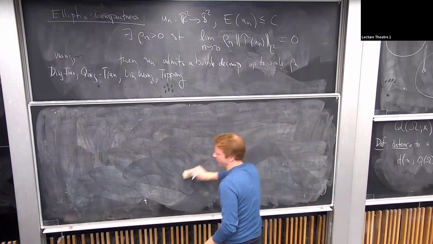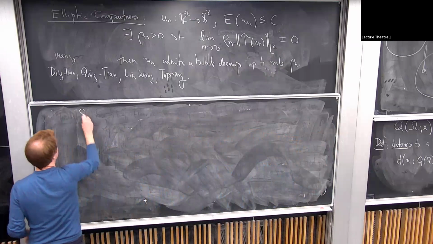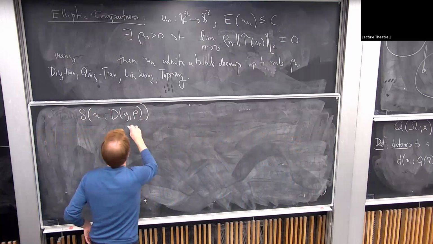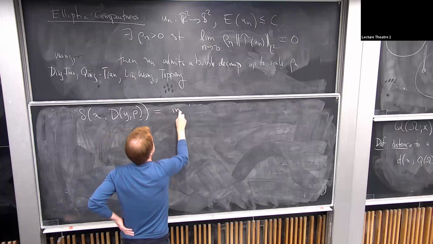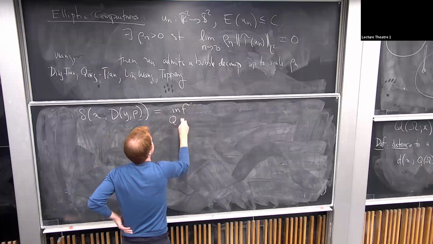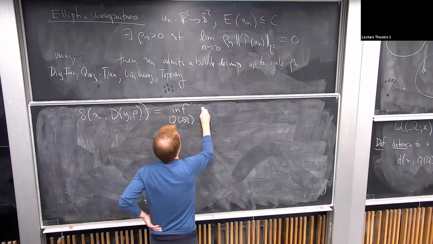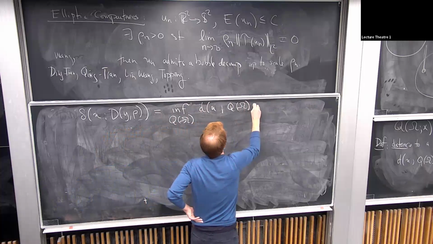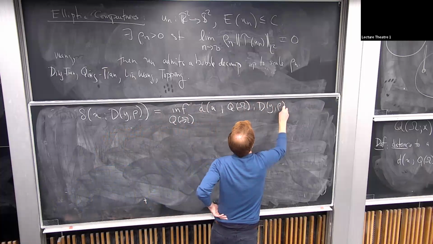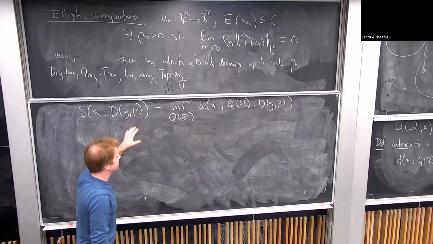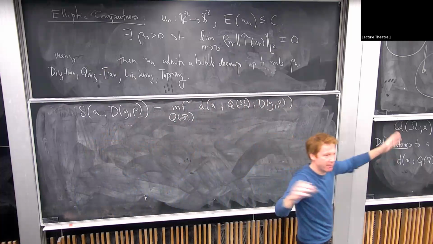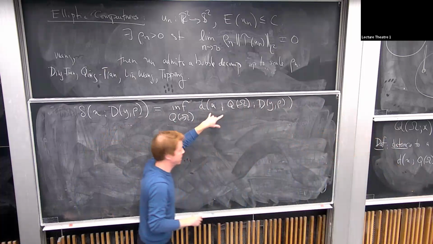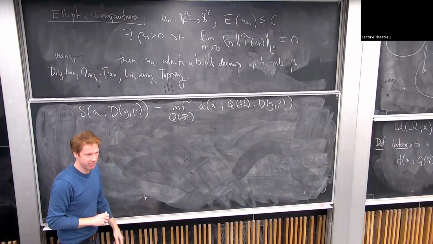I'll define delta of u to a disk of radius rho centered at y: I just take the inf over all multi-bubble configurations omega of the distance d of u to q omega. So this is my proximity to the whole family of multi-bubble configurations. This is a distance to a particular one, and then I take an arbitrary map u and try to find the closest multi-bubble configuration like this.